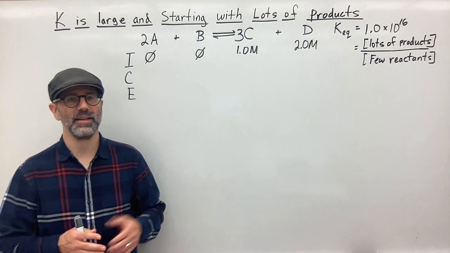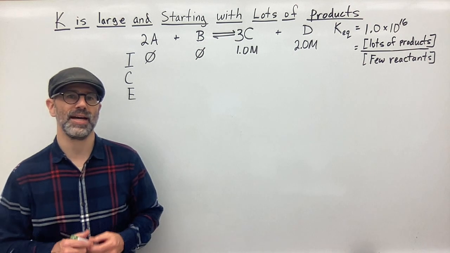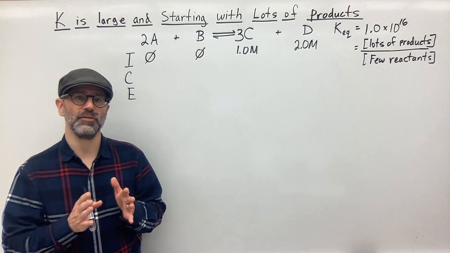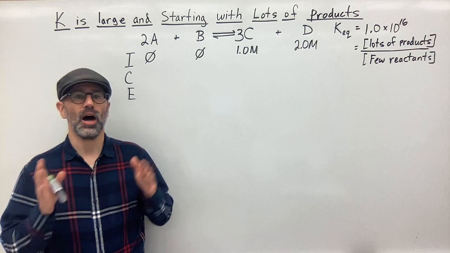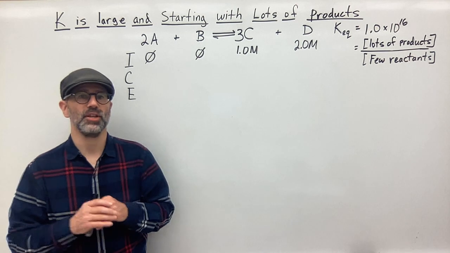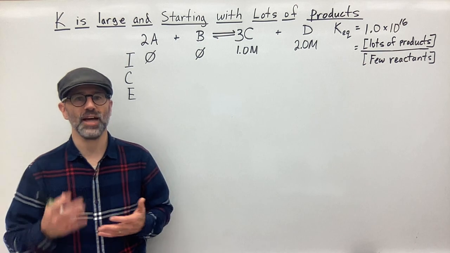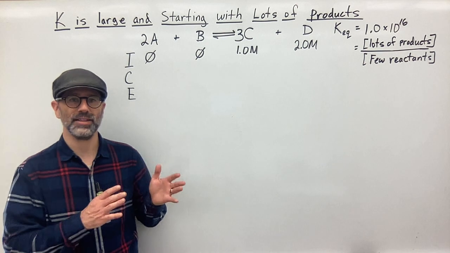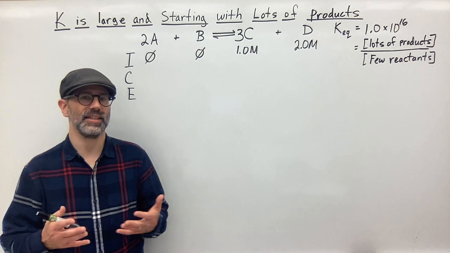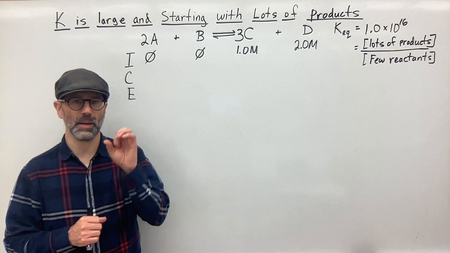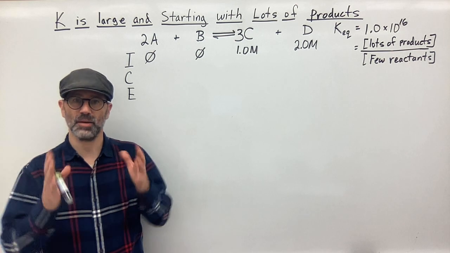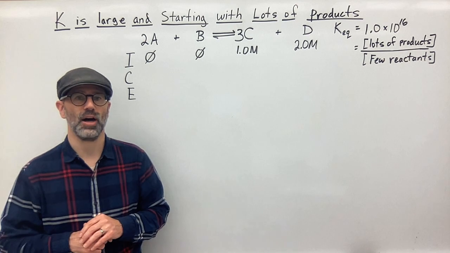Before I get into this example, the rule of thumb is that if your reaction is going to be shifting away from the favored side, so if your reactants are favored and you're shifting away from the reactants, then that's an indication that X is going to be small, or the amount of change or the amount of the substance that you're shifting to is going to be small.